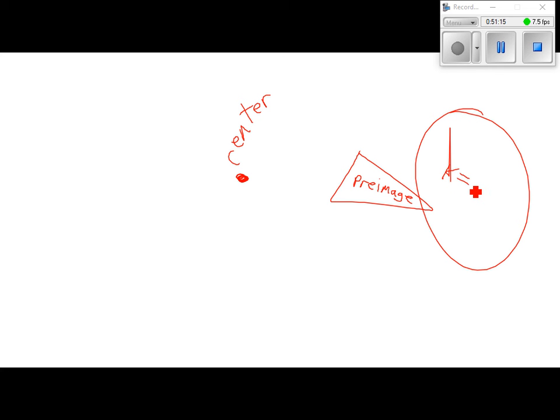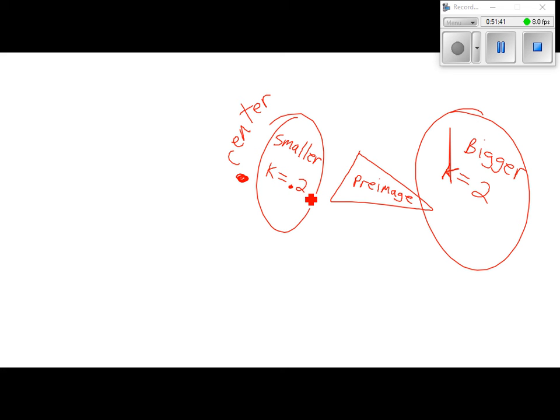K would have to be what? Greater than 1. So give me a number. 2. K was 2. That's where it ended up. What's happening to the shape? It's getting bigger. What if your shape ended up here? It's getting smaller. Scale factor could be something like 0.2.